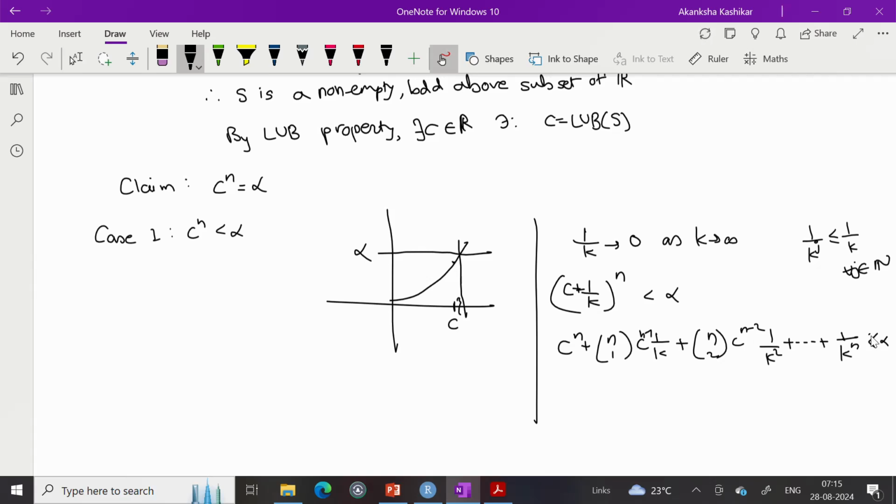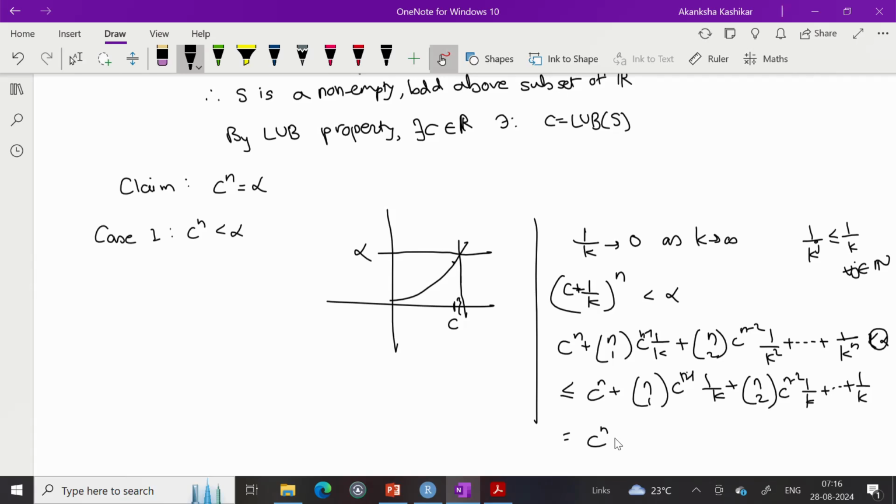So if I consider just this LHS, then this LHS we know is less than or equal to c raised to n plus n choose 1 c raised to n minus 1 by k plus n choose 2 c raised to n minus 2 1 by k plus up to 1 by k.